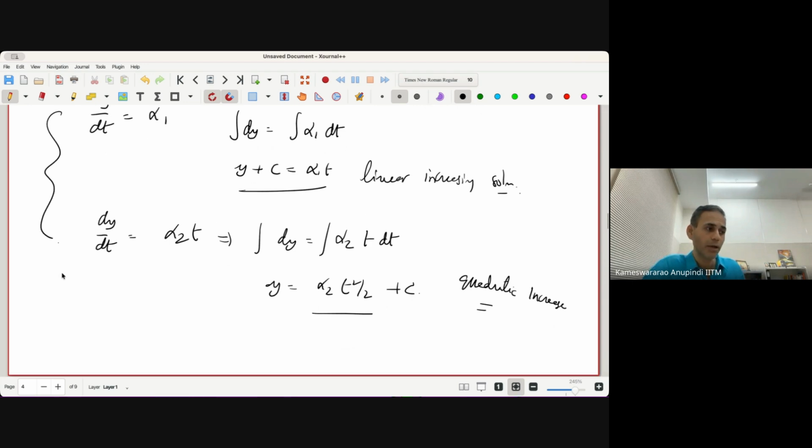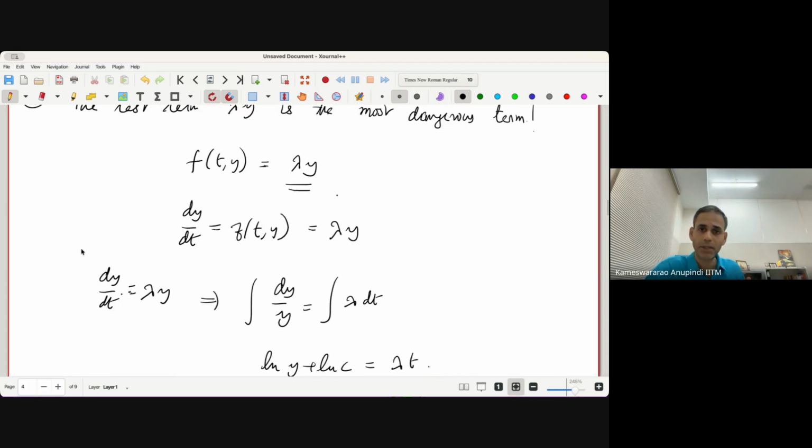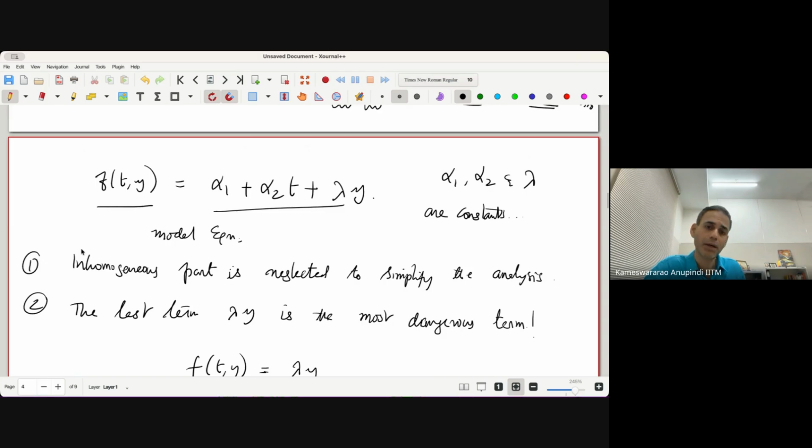So that's why we're not going to consider the effect of the first two terms, the inhomogeneous terms. We call it inhomogeneous because at y equal to 0, the right hand side goes to 0 for the lambda y term, whereas the other terms don't go to 0. As a result, we call these terms inhomogeneous.